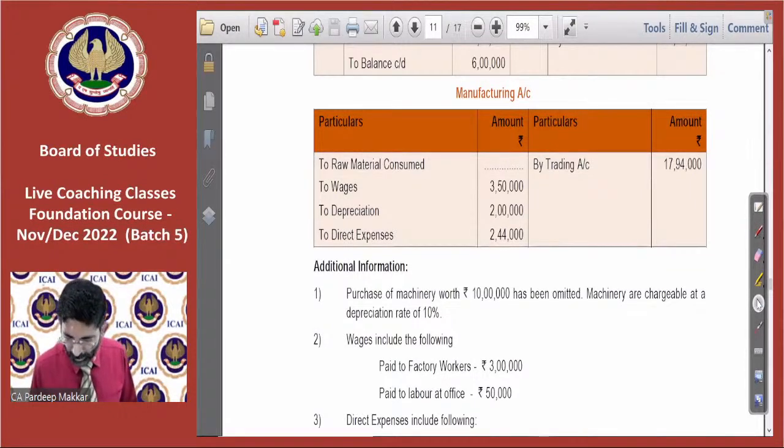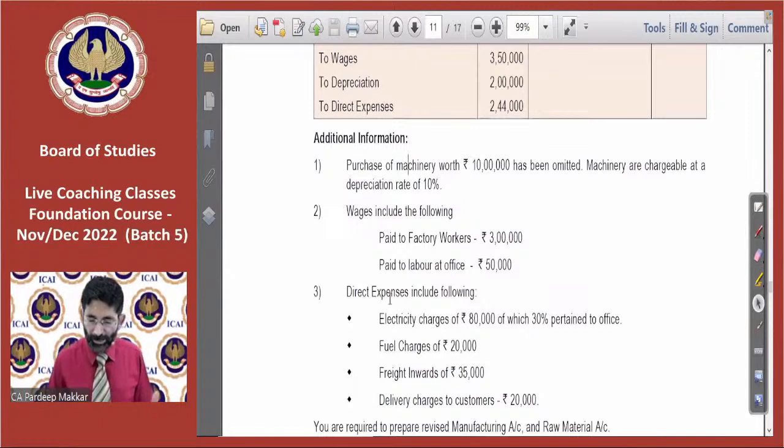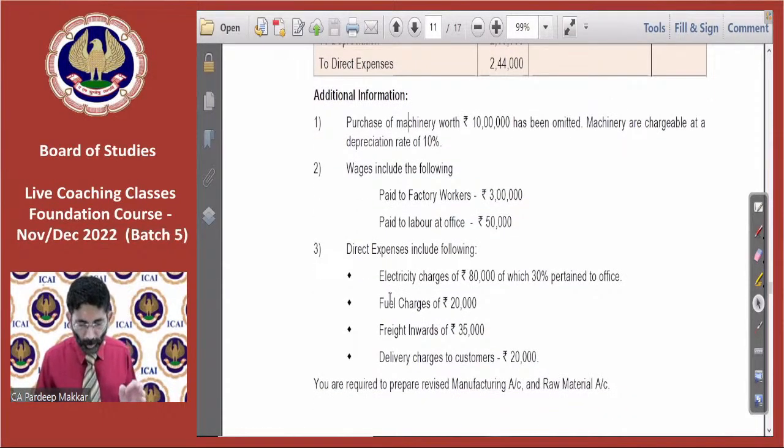The first point is purchase of machinery worth rupees 10 lakh has been omitted, that has not been entered. So this will be added to the machinery account, and depreciation will be charged on it. Wages include rupees 3 lakh paid to factory workers.